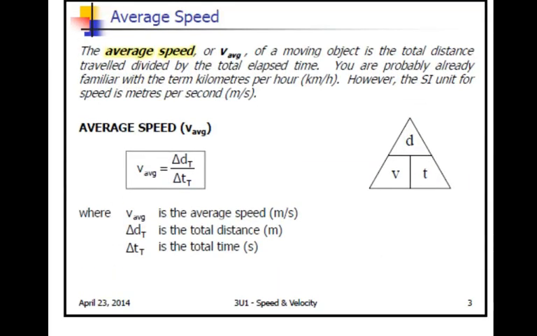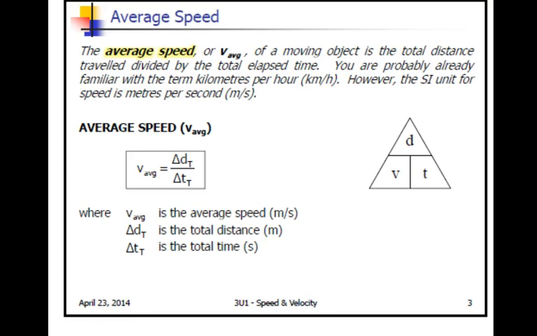So how do you find the average? There is a simple formula for average speed. It is delta d, the change in distance, divided by the change in time. That is our average speed.